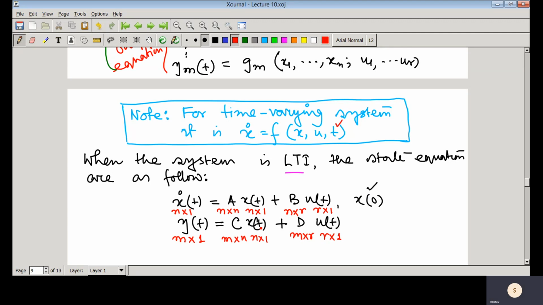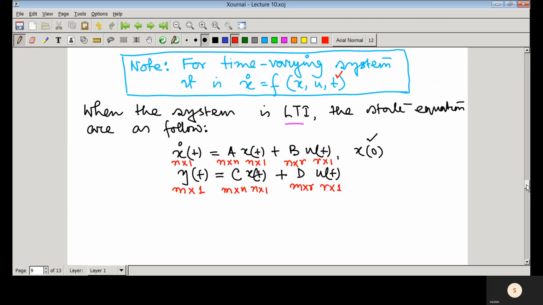So now here we'll just write the dimensions, and you note that all those four matrices are real matrices. So this is that real matrix.